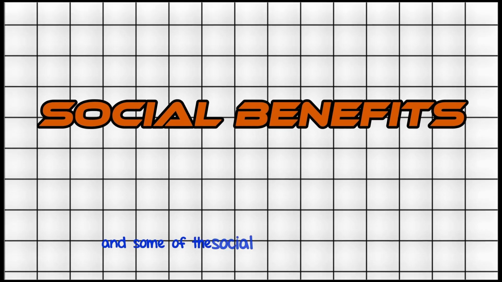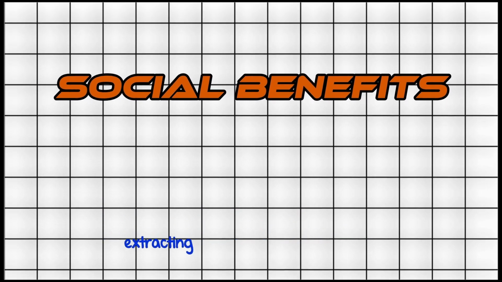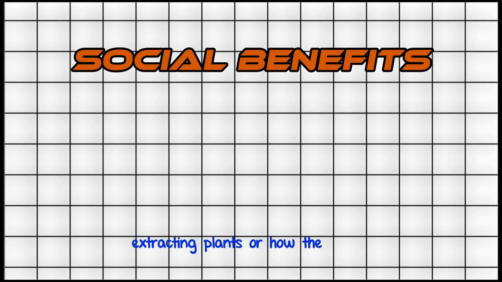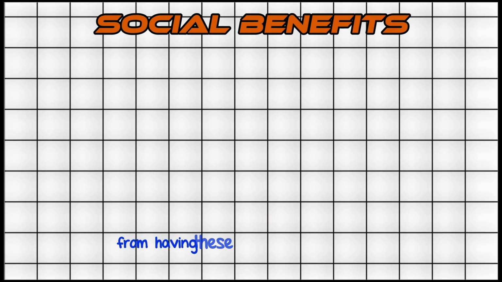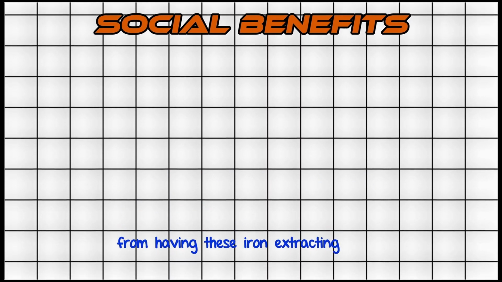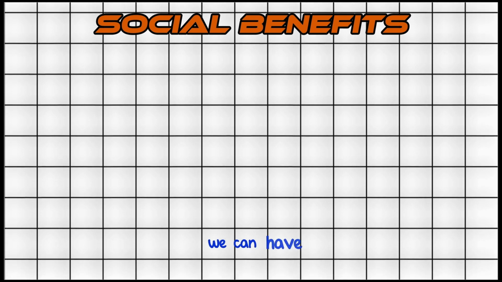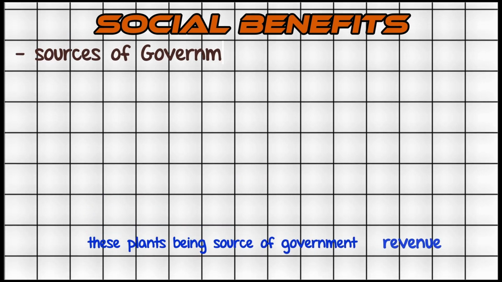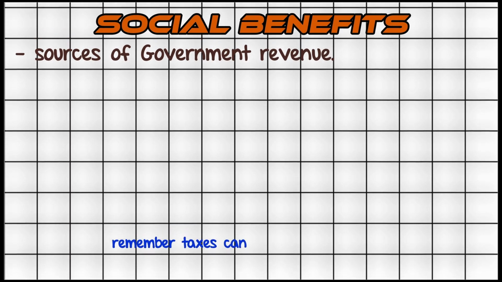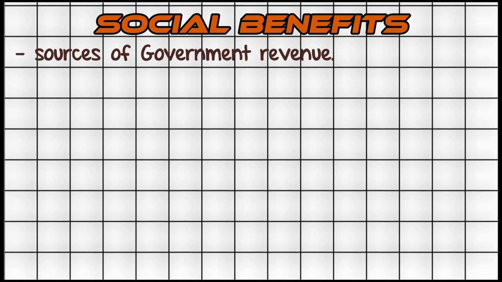And some of the social benefits of these iron extracting plants, or how the society or the country is going to benefit from having them. We can have these plants being sources of government revenue. Remember, taxes can be imposed or levied.